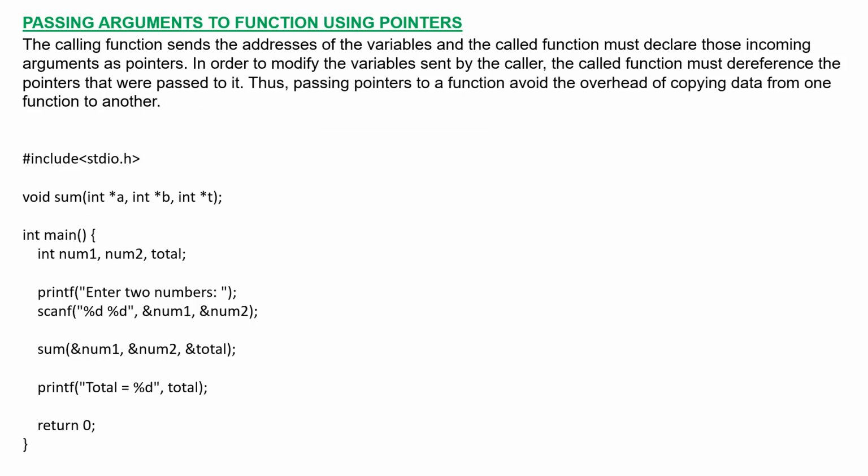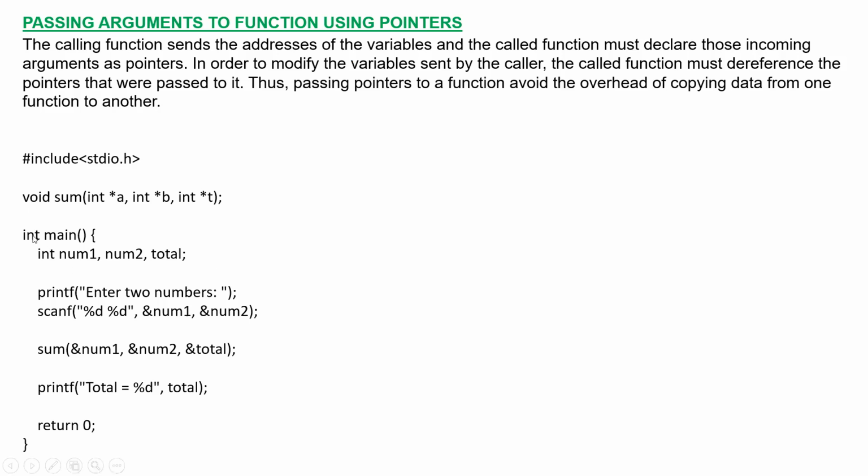In order to modify the variable sent by the caller, the called function must dereference the pointers that were passed to it. Thus, passing pointers to a function avoids the overhead of copying data from one function to another.